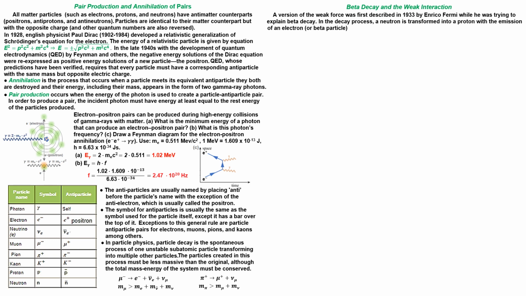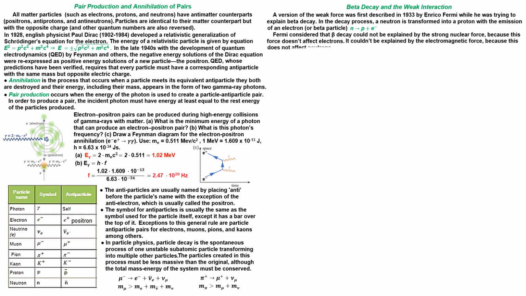Fermi considered that beta decay could not be explained by the strong nuclear force because this force does not affect electrons. It could not be explained by the electromagnetic force because this does not affect neutrons.